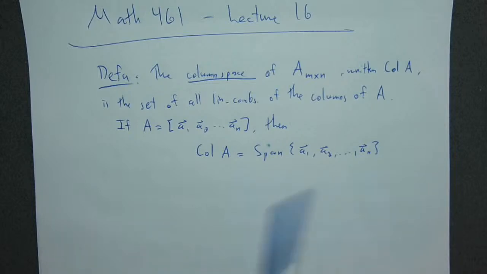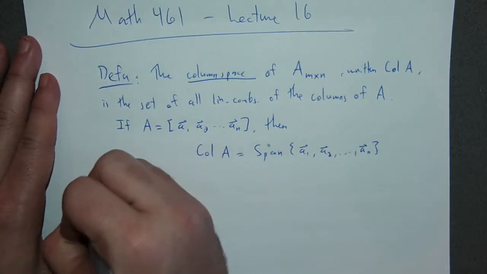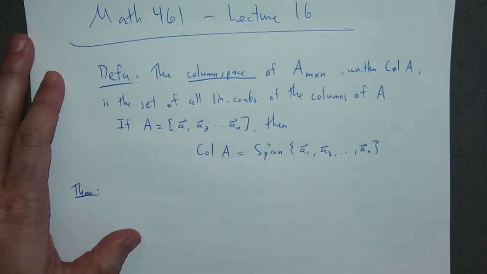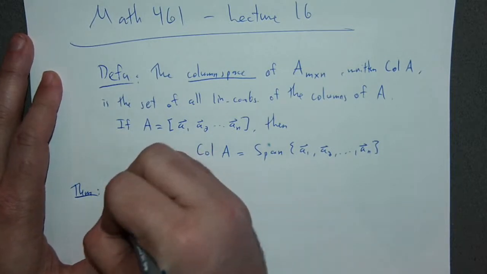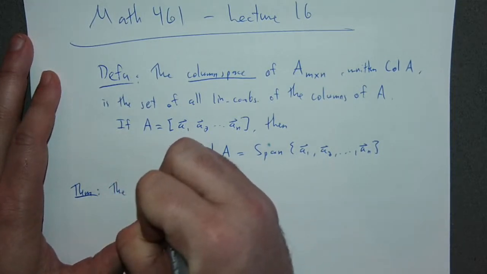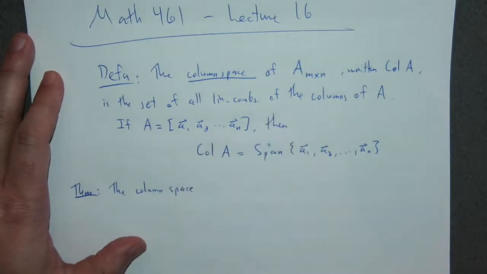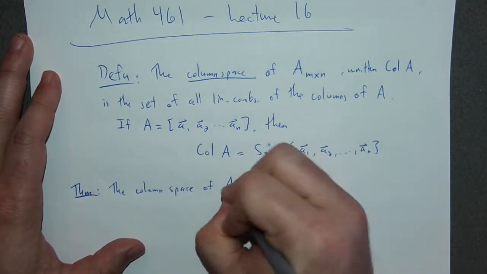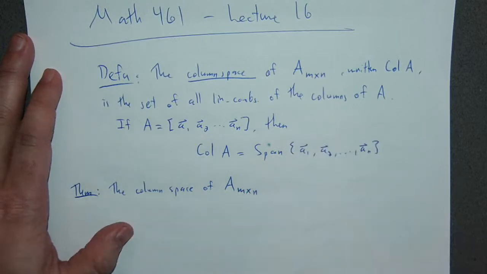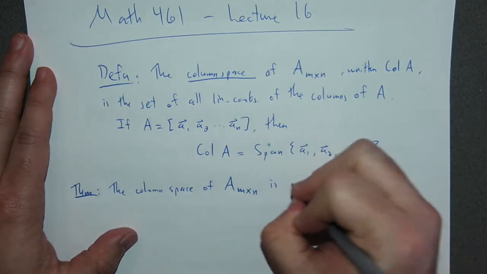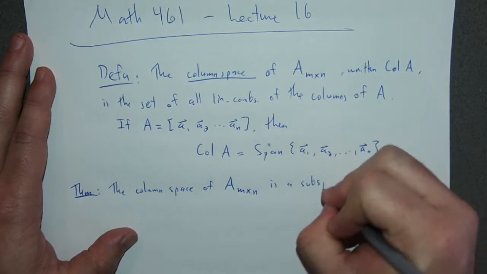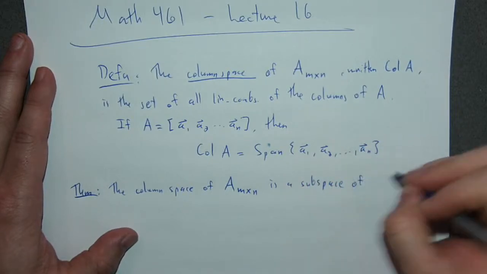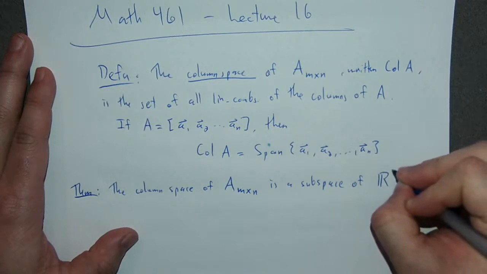Well, since the span of a list of vectors was seen to be a subspace previously, then we have the following theorem, which immediately follows from that fact: the column space of a matrix A, that's an m by n matrix, is a subspace of R^m.